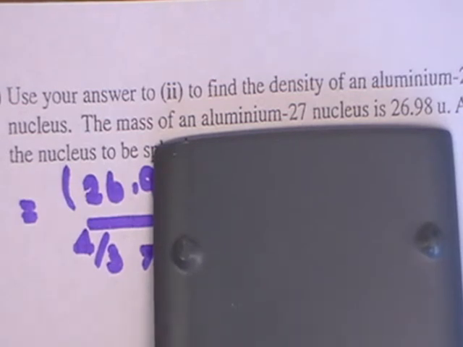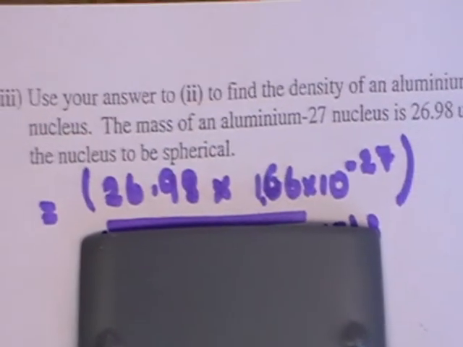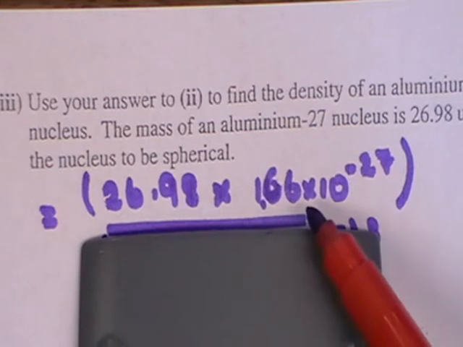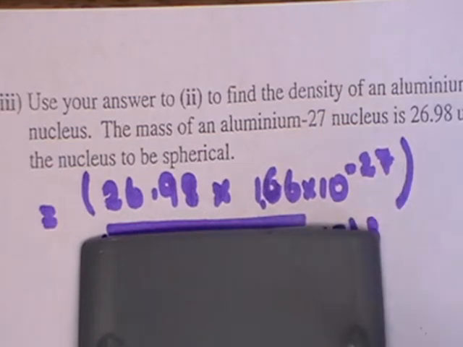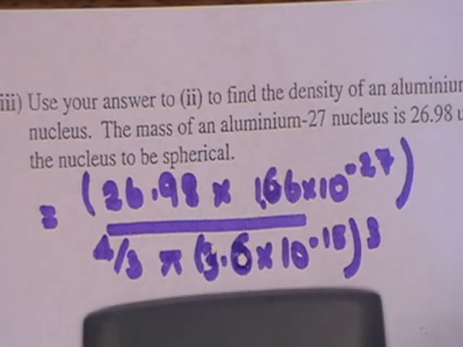So use the data on your formula sheet. The mass of the nucleus is 26.98 multiplied by 1.66 by 10 to the minus 27, the value in kilograms of the mass of an atomic unit. Then the volume is the volume of a sphere, which is 4/3 pi r cubed.